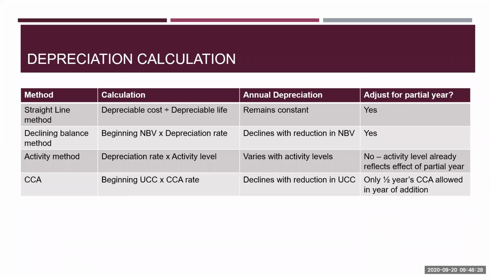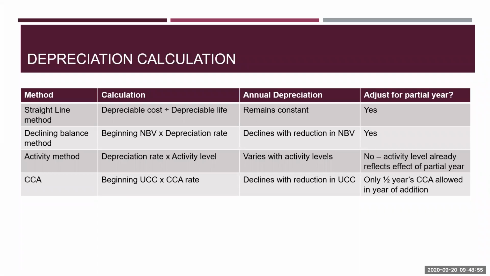Under the activity-based method, we calculate the per unit cost. So here, the life of your asset is expressed in the activities. Either it can be the output activity or it can be the input activity. So 1 divided by the total activity that is expected over the life of the asset gives you the per unit cost.